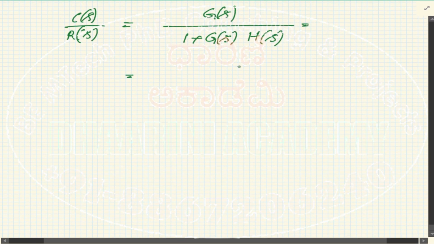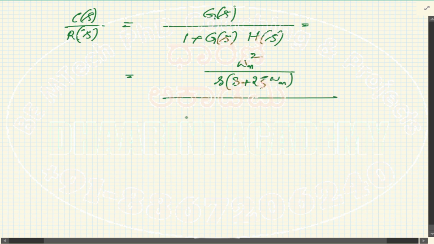This is equal to, the numerator is omega n square by s into s plus 2 zeta omega n, isn't it? Whole divided by 1 plus the same thing, right? Omega n square by s into s plus 2 zeta omega n. Now as it is, I cannot cancel the denominators because, right?